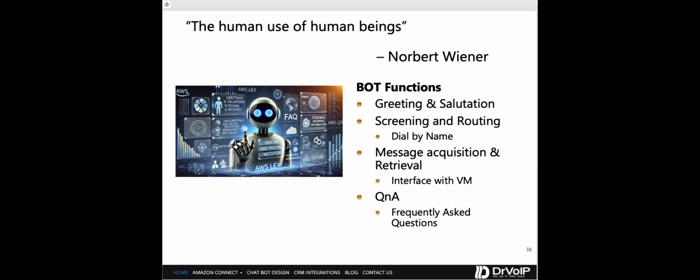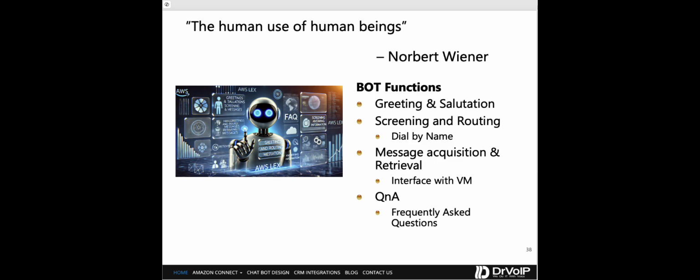He was a proponent of automation, basically saying, let's free humans to do those things that only humans can do and automate those things that would be repetitious, uninspiring. Let's let the machine handle that.